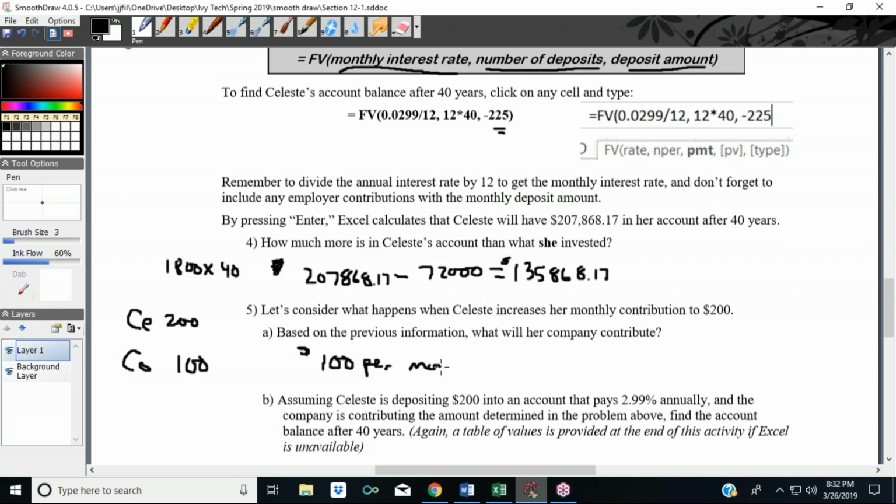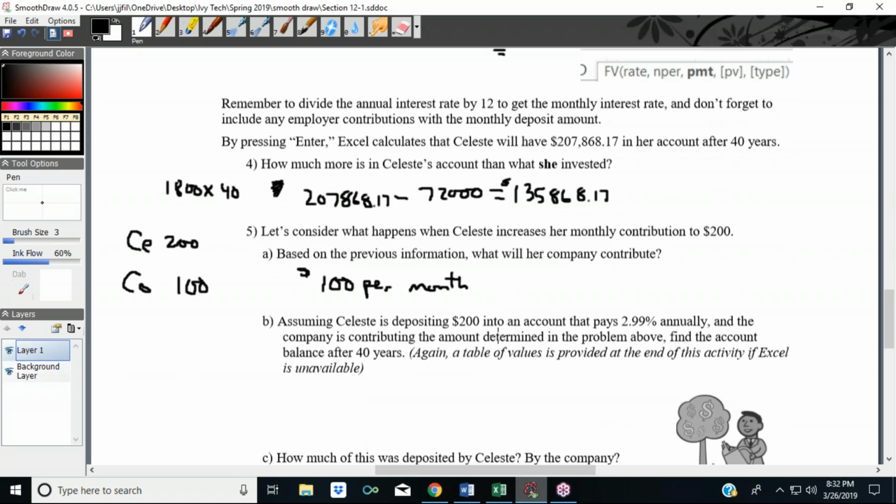All right, and part B then asks us to put this into application. Assuming Celeste is depositing $200 into an account that pays 2.99% annually, and the company is contributing the amount determined in the problem above, find the account balance after 40 years. So you can find this in the table on page 153 as long as you know what to put in.